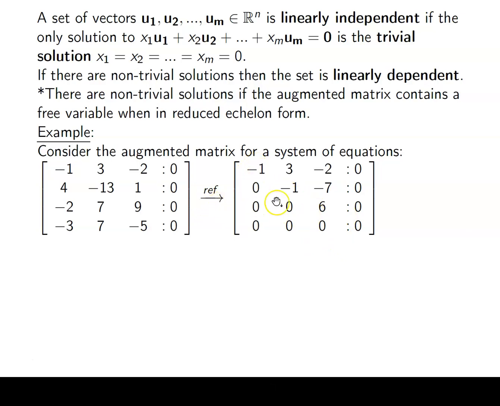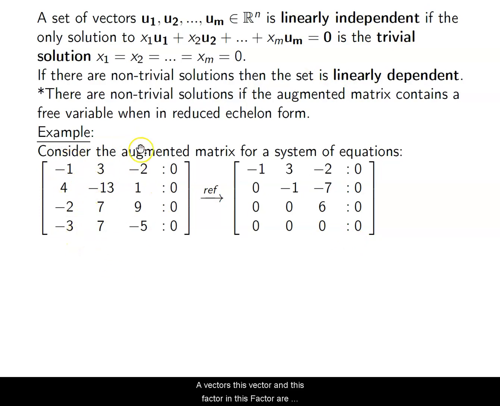Each column has a pivot position. Pivot position, pivot position, pivot position. There's no free variables here. So we would classify this as a linearly independent set of vectors.